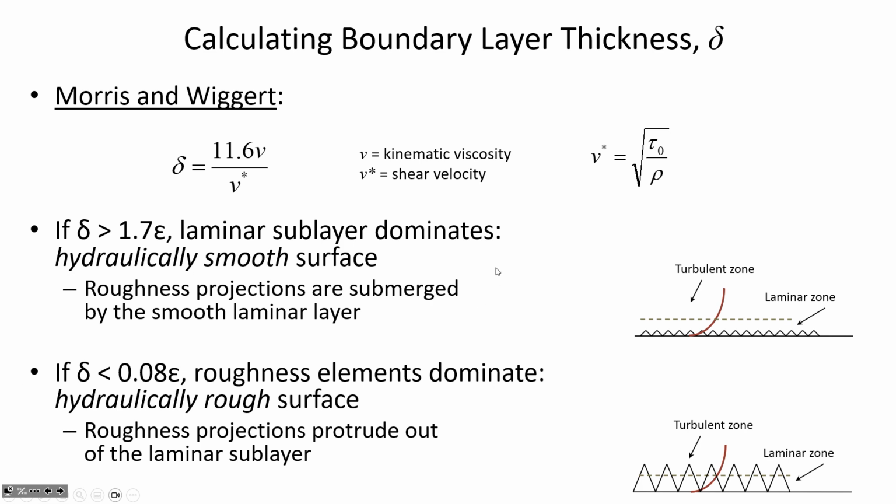When we're at these extremes though, only one or the other will determine what is the friction factor. We'll only have to look at the influence of the relative roughness or the influence of the flow conditions at these extremes. When the roughness elements are projecting well outside of the thickness of the boundary layer and it's hydraulically rough, then it only depends on the Reynolds number at that point.